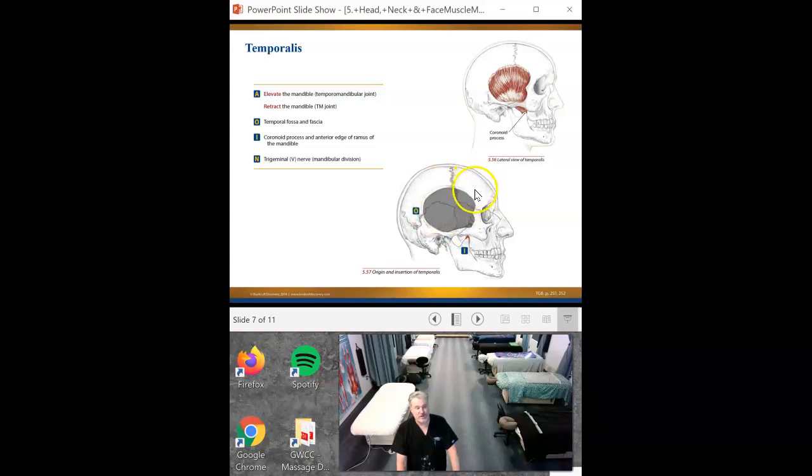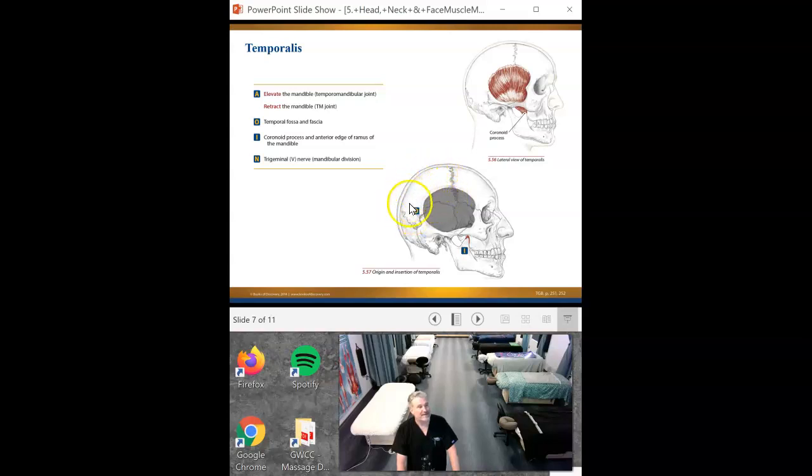What's this bone in front called of your head? Miss Carrillo? Frontal? Yes, the frontal. And what's this bone on the side here called? Miss Rader, what's this bone on the side here called?